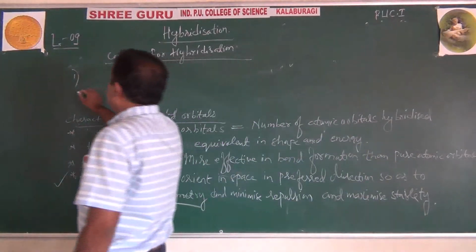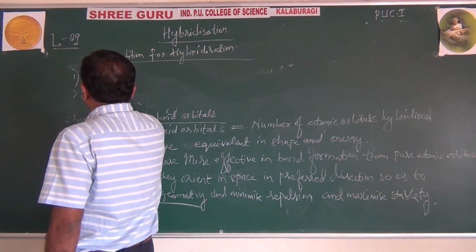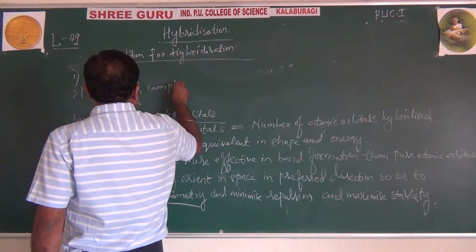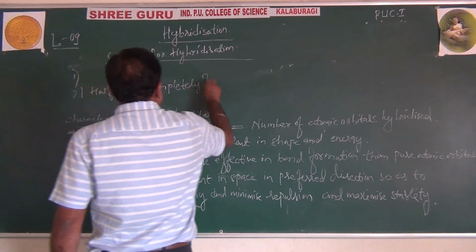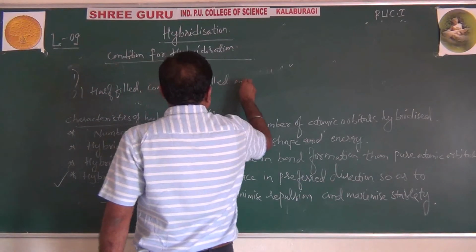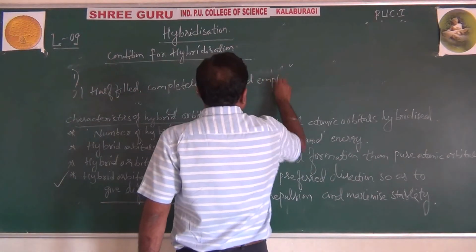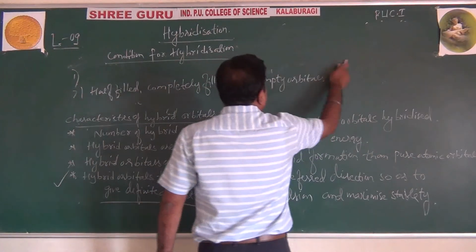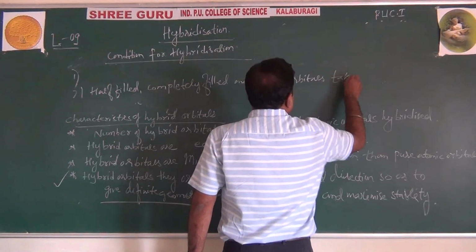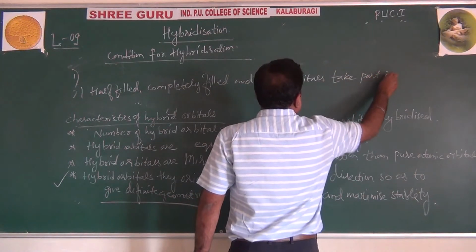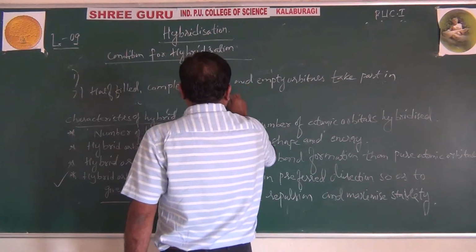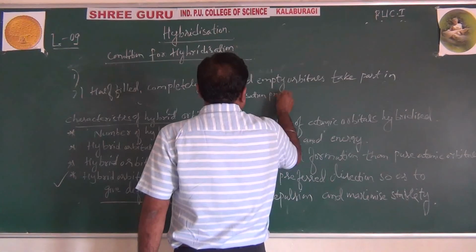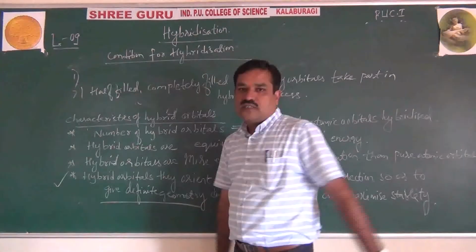Remember, second one, half filled, very important, half filled, completely filled, and empty orbitals take part in hybridization. Hybridization process. Very important condition for hybridization.